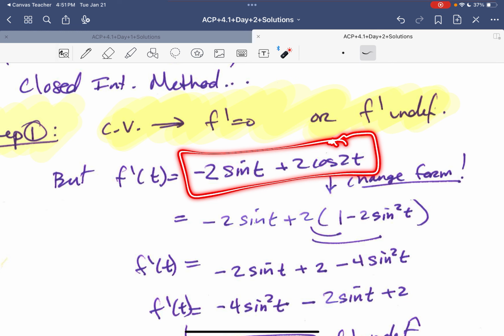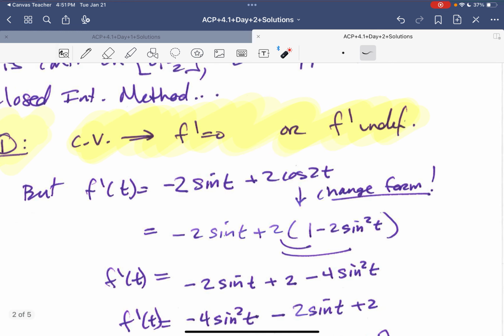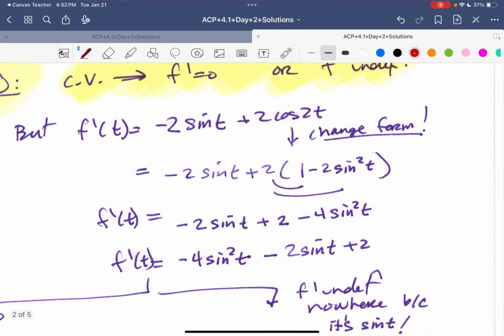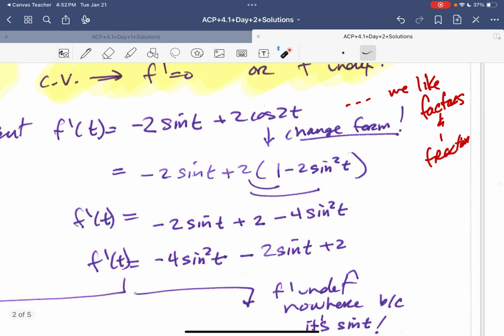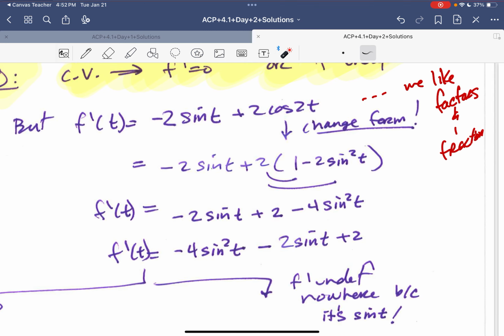Now, setting it equal to 0 is not pretty, but we remember, we like factors and fractions. Factors because if two things multiplied together give 0, one of them must be 0. And fractions because if the denominator is equal to 0, our function's undefined.